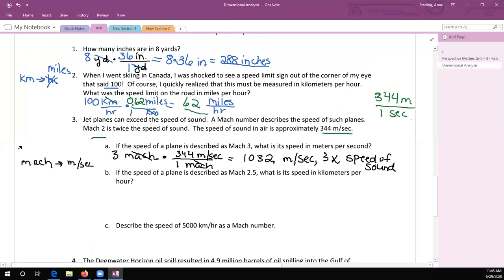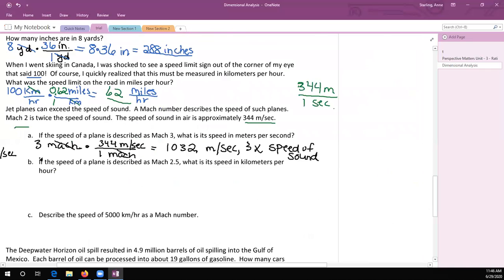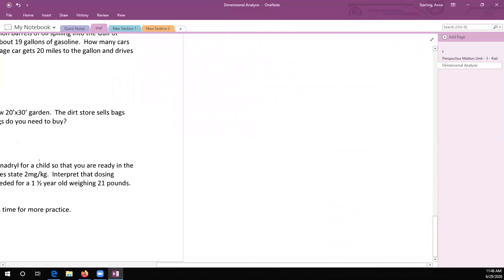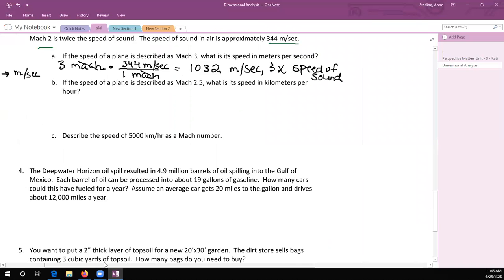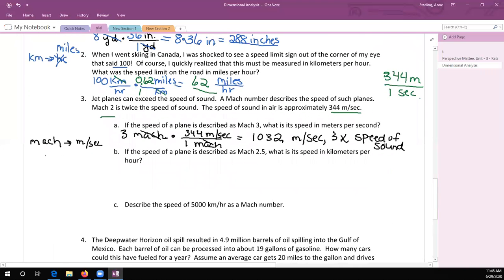But then we're asked for kilometers per hour. So our meters need to go to kilometers, and our seconds need to go to hours, and we're going to have to do whatever conversions we need to do. So it's a multi-step, and we're just going to go in order.